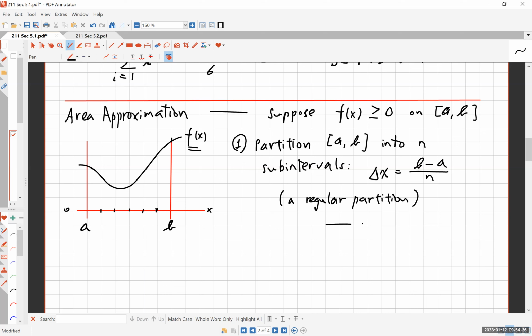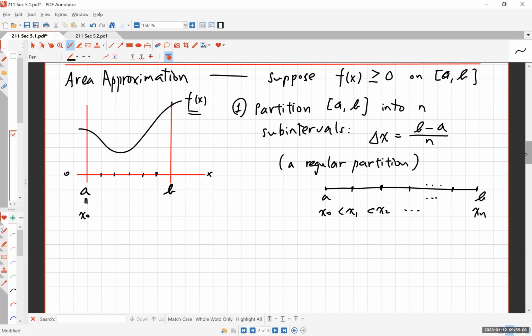Also, we are going to identify these things. A and B are the endpoints. We will call this x naught, and then x1, x2, and so on, until you have xn. So this is x1, this is x2. Make sure you count and have enough subintervals here. In this picture, you have n subintervals.